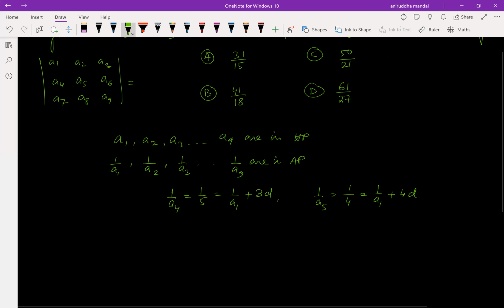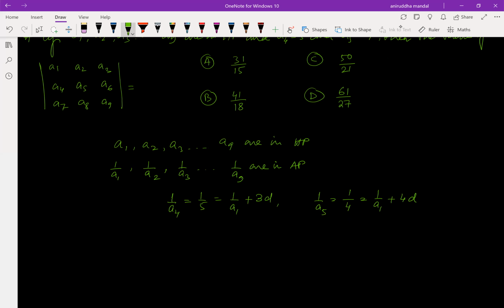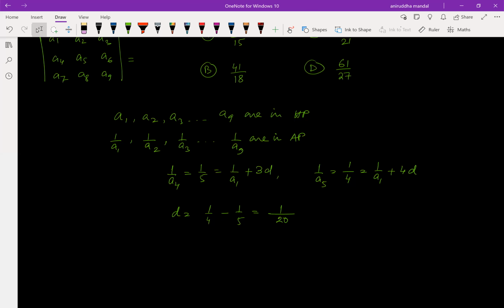From these two equations, we can solve the value of D. So D can be written as 1 by 5 minus 1 by 4, sorry, 1 by 4 minus 1 by 5. Now D is 1 by 20. If we substitute the value of D in either of these equations, we get the value of A1.